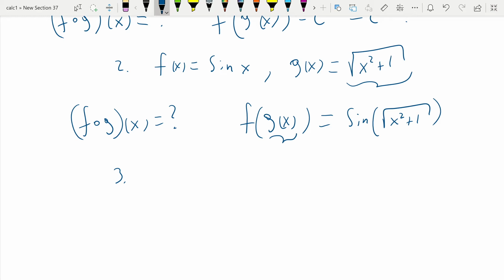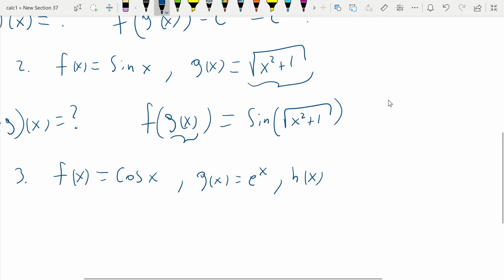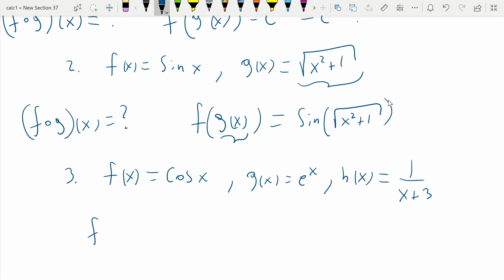For instance, what if I give you f of x equals cosine of x, g of x equals e to the x, and h of x equals, again, combining everything we've done so far, 1 over x plus 3. Then what would f composed with g composed with h at x be equal to?